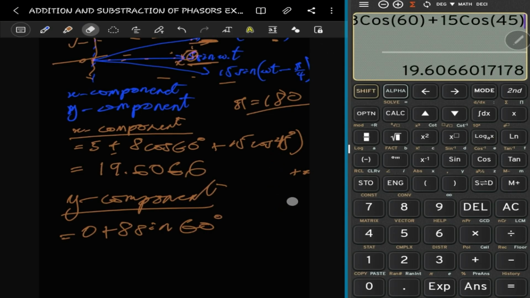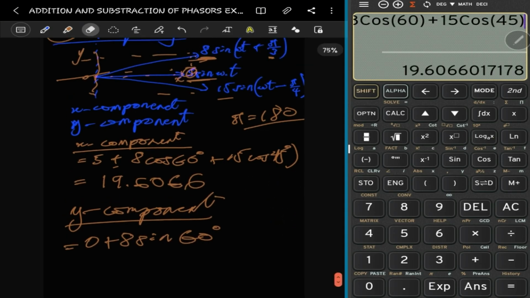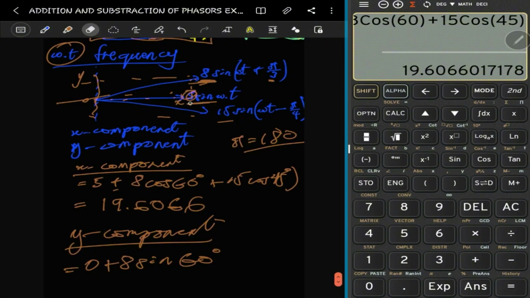the y component, the x is 0, so this 15 here is 0. This 8 here is still up here, so that's positive. But for this 15 here, it's below, so it comes to this side. So let's draw this again: x positive, x negative, y positive, y negative.